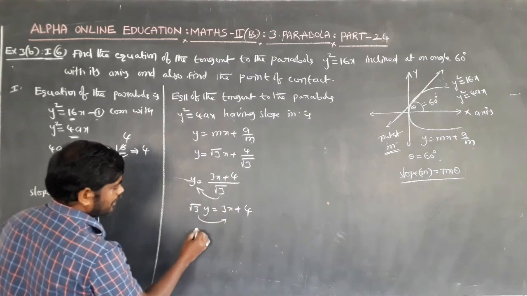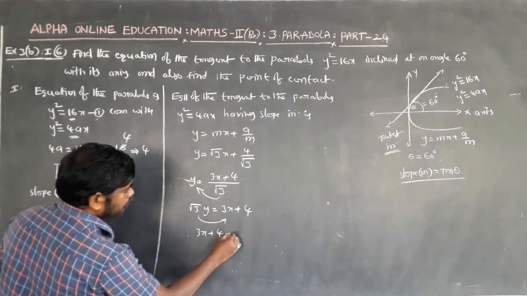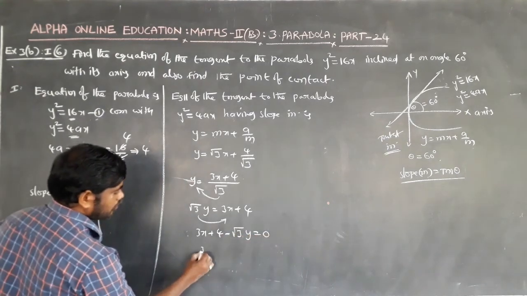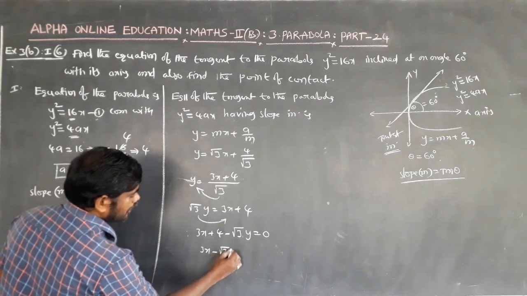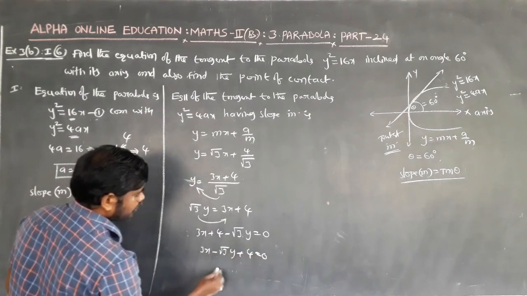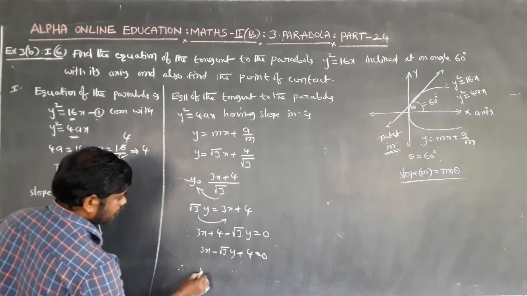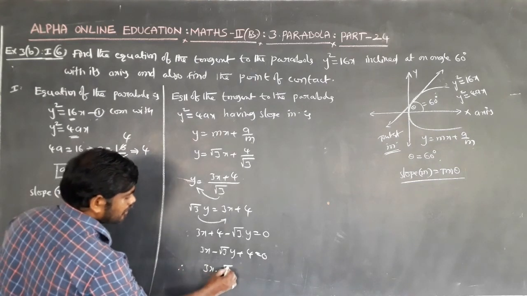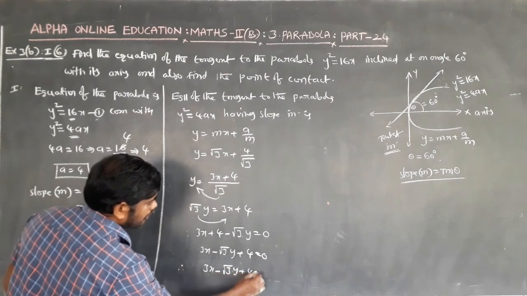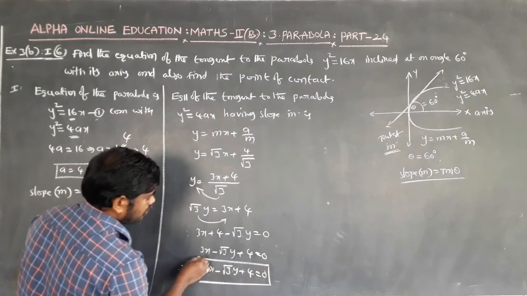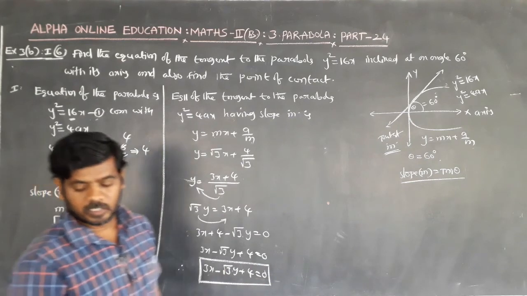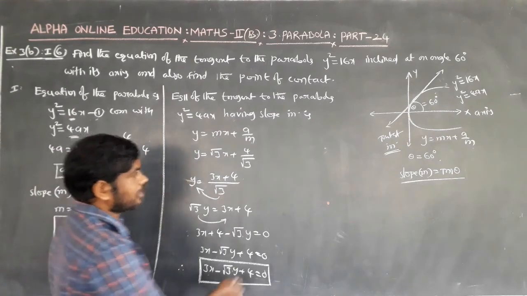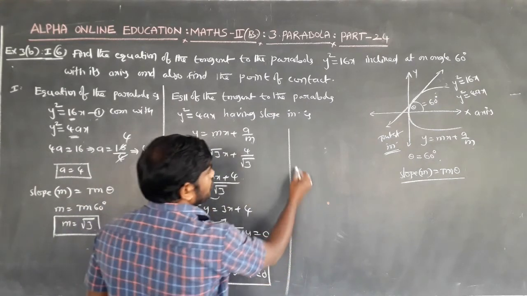Taking root 3 y to the right side, 3x plus 4 minus root 3 y is equal to 0. Therefore, the equation of the tangent is 3x minus root 3 y plus 4 is equal to 0.